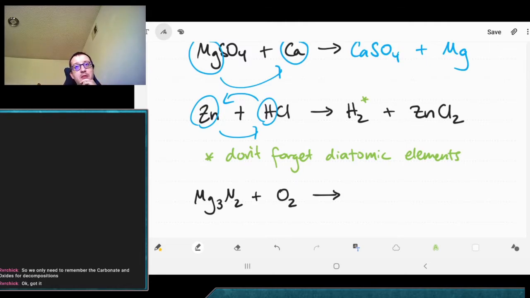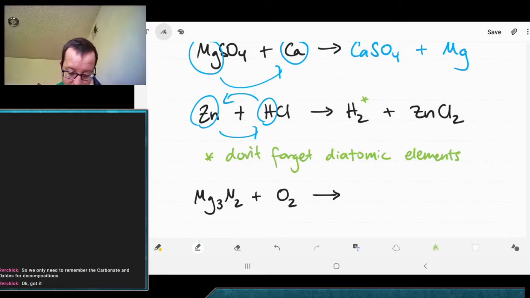What do we think is going to happen with this one? So what we want to do is look at our element by itself. The element by itself in this reaction is oxygen, right? That's the element. The compound is magnesium nitride. Oxygen is a nonmetal, which means we are going to replace the nonmetal in the compound.